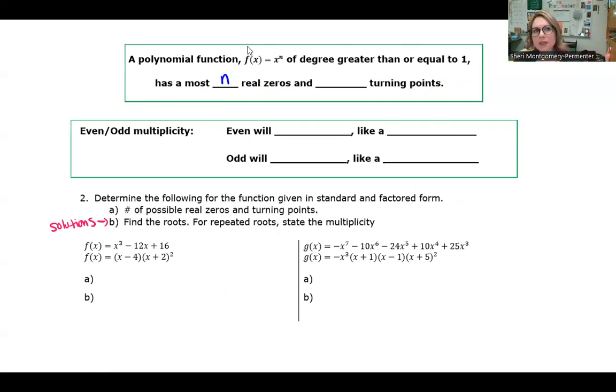These graphs also have a lot of wiggles in them. Every time you change direction, that's called a turning point. Your turning points are just 1 less than the degree, so it's n minus 1.